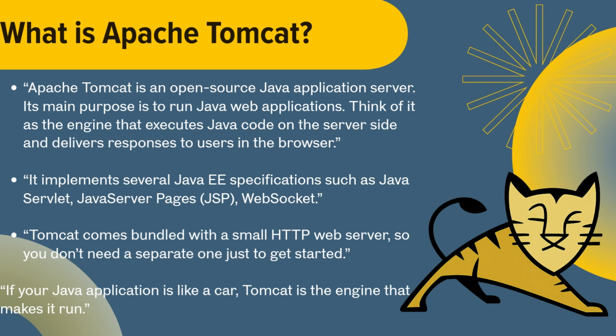It implements several Java EE specifications such as Java Servlet, Java Server Pages, WebSocket. Tomcat comes bundled with a small HTTP web server, so you don't need a separate one just to get started. If your Java application is like a car, Tomcat is the engine that makes it run.